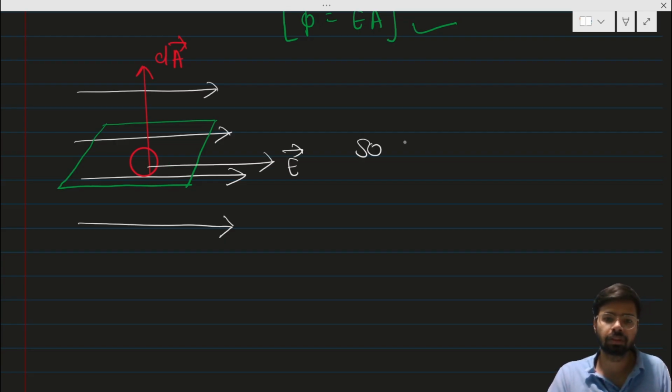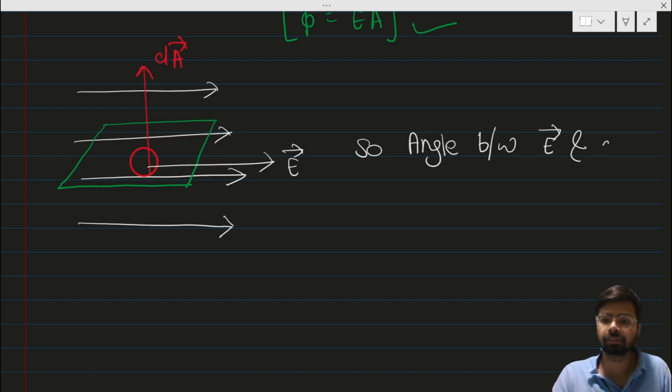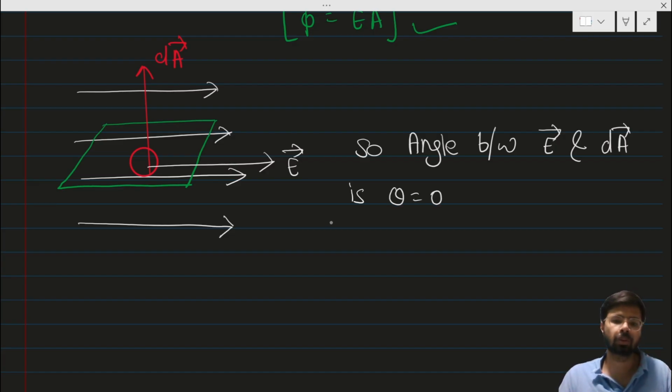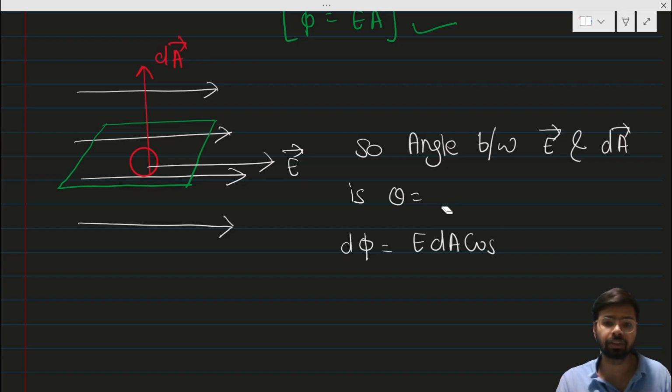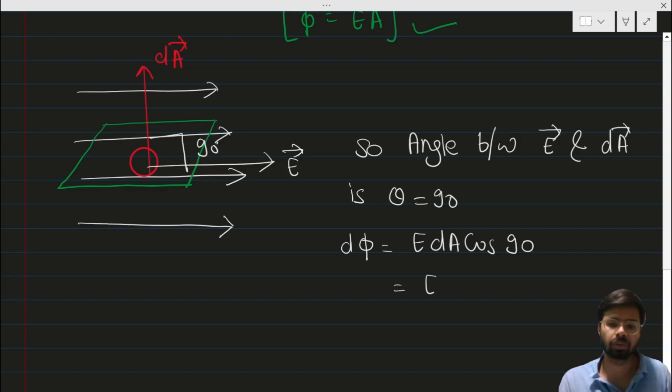So the angle between the electric field and dA vector is 90 degrees. So d phi is E dA cos 90, which equals 0.